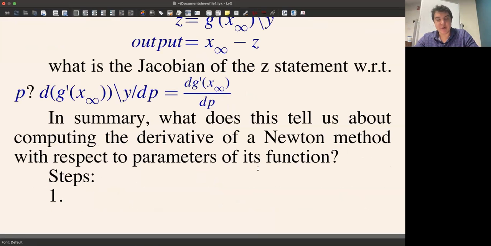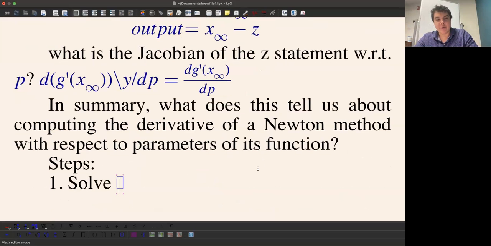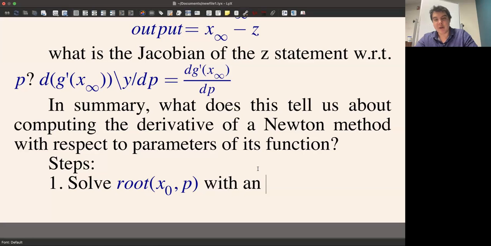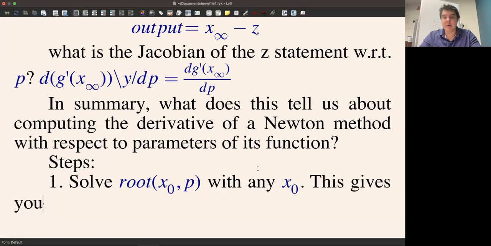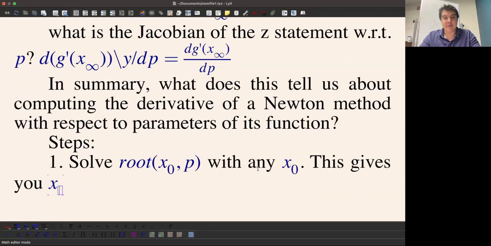Step 1 is solve for the root of f(x0, p) with any x0, right? So the first step is you just run Newton's method, and this gives you x infinity, right?